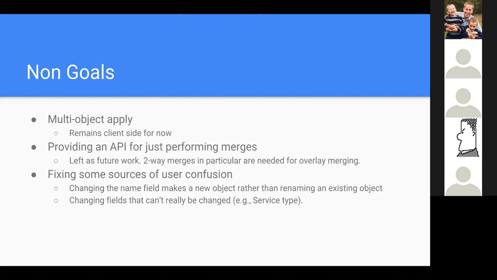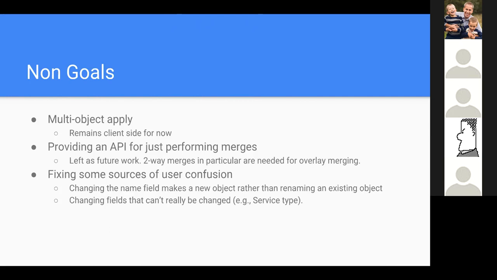It's a little bit in flux actually, but at the moment I'm not planning on providing an API that does solely a merge of API objects. I think it's necessary in the future, but there's enough work to do, and it's pretty clear how to build that after we implement the rest of this. So I'm leaving that for the future.